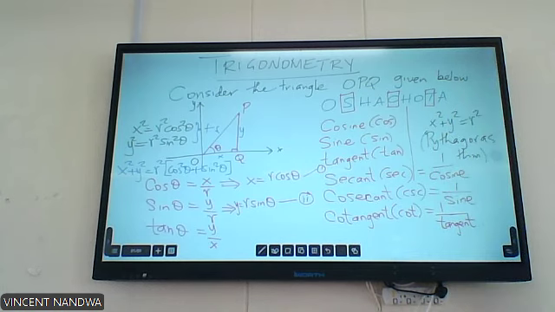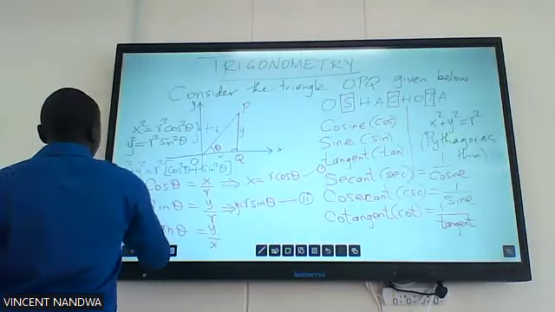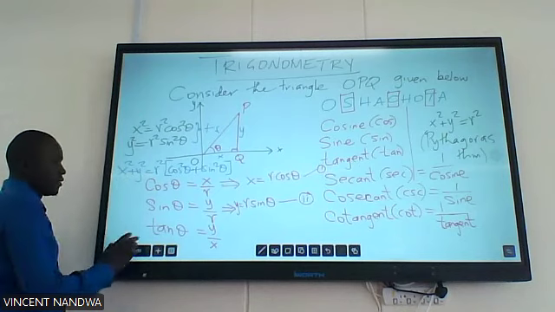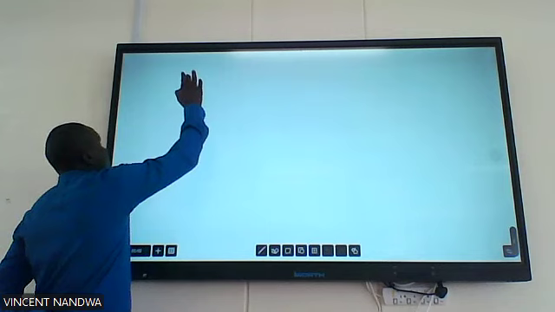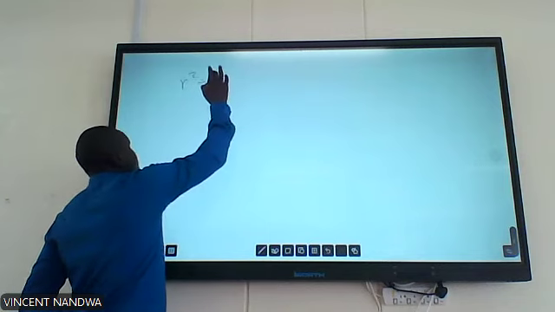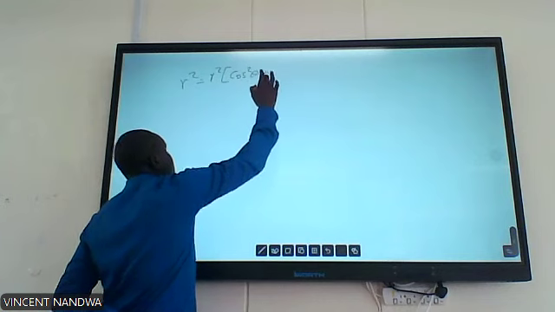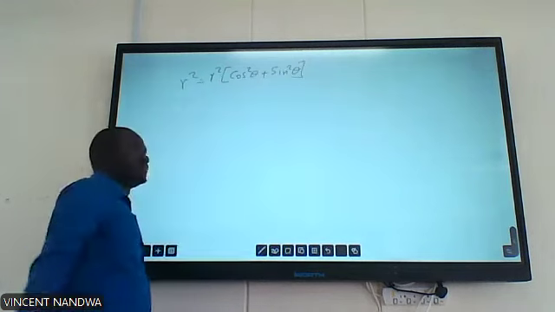So then now, we are free to replace x squared plus y squared by r squared. Which means from this line here, r squared equals r squared times cos squared theta plus sine squared theta.